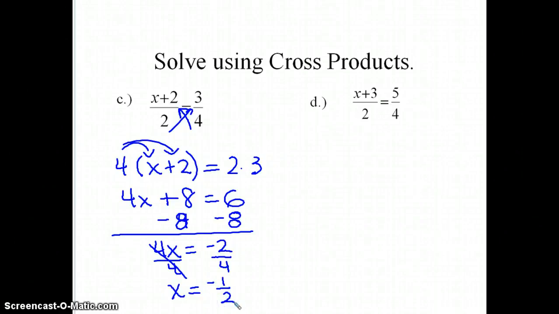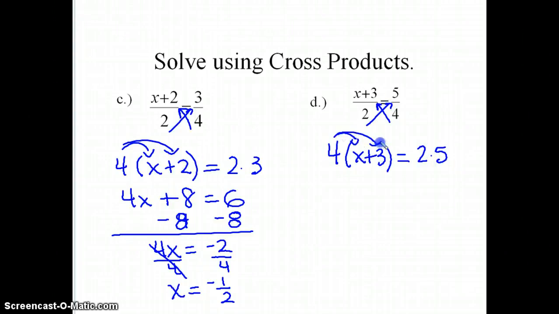Moving on to problem D, once again, I will cross multiply 4 times the quantity x plus 3 is equal to, I will multiply 2 times 5. On the left-hand side, I will distribute the 4. So I have 4x plus 12 is equal to 10.